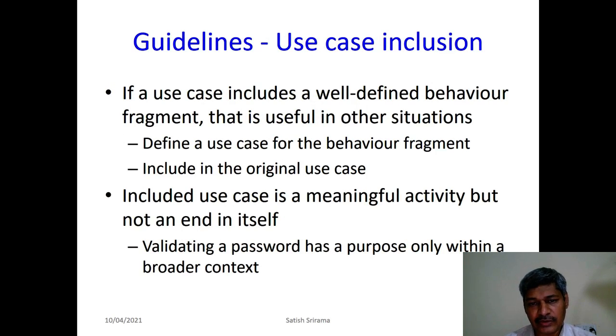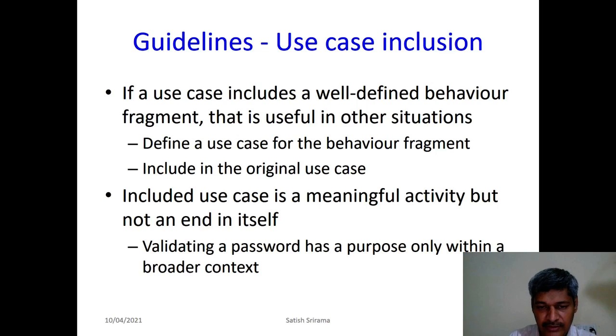If a use case includes a well-defined behavior fragment, and it is also being used in other situations, then it is better to define a use case for that behavior fragment and include it in the original use case. This is what we have seen in the earlier examples in the last video, for example validating the password, which you have to do for entering the system in the stockbroker system.